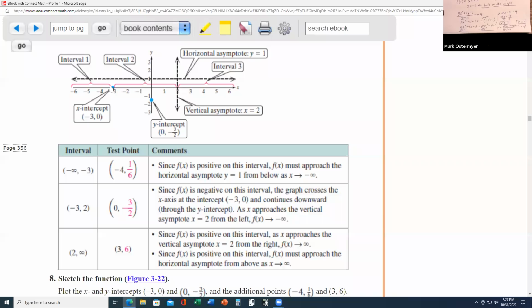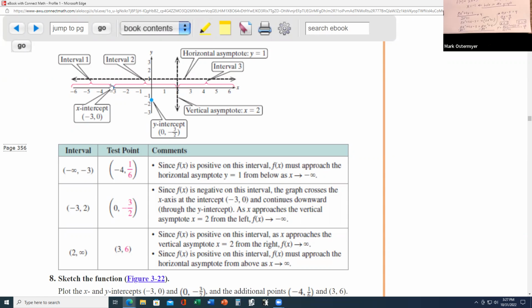So will my graph ever cross the horizontal asymptote? The answer is no. In fact, why did this point have to be below the horizontal asymptote? Well, because we know the x-intercept is -3, and we know the y-intercept is this point here. The graph has to contain these intercepts.